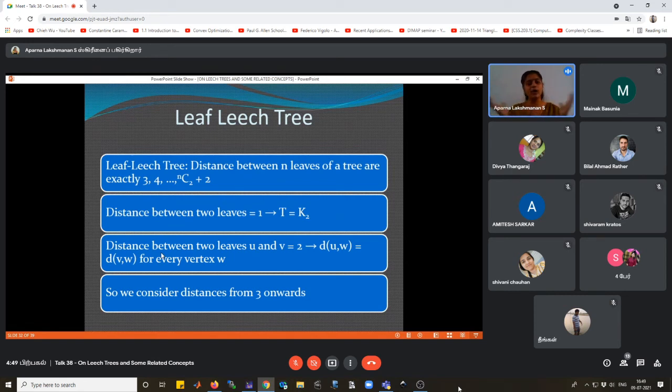Both of them will always be the same. So we can't have distinct values. That is why the value 2 is also omitted. Okay. So here we need distances 3, 4, etc., up to NC2 plus 2, where N is the number of leaves, not the number of vertices. If such a labeling exists, we call such trees leaf-leech trees.